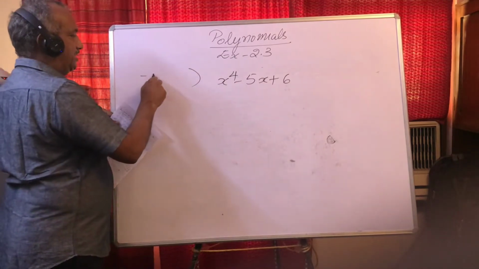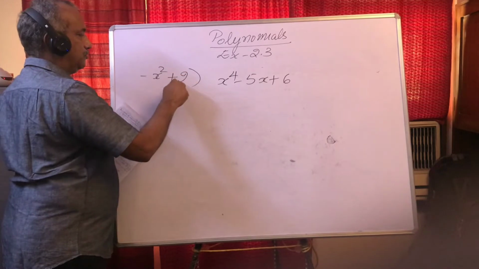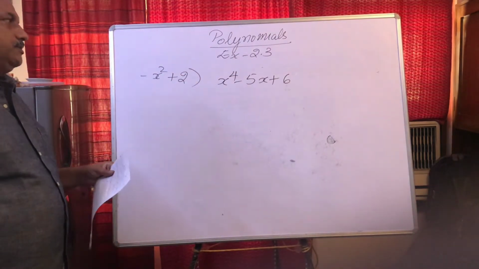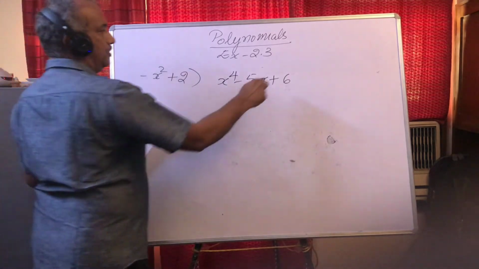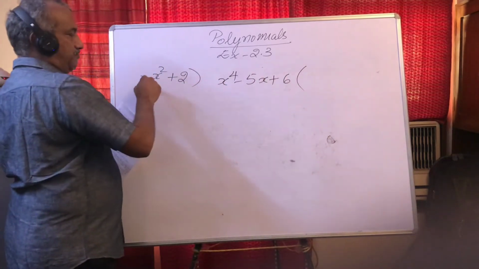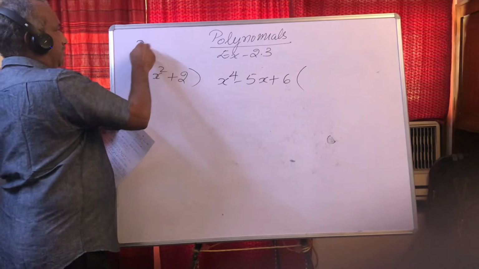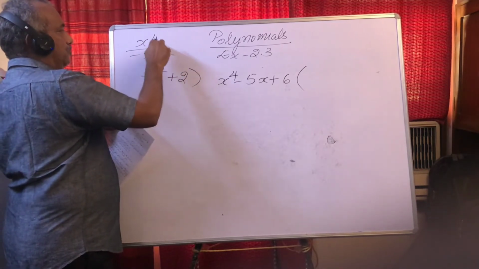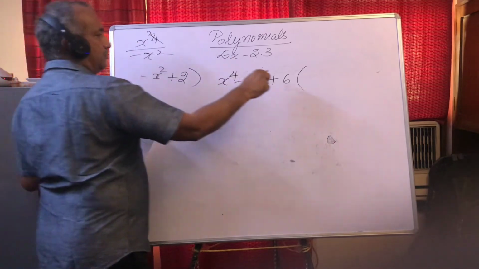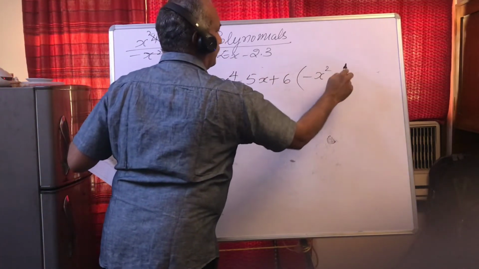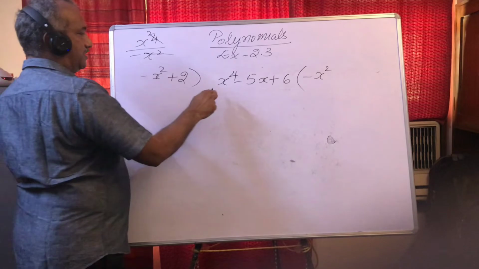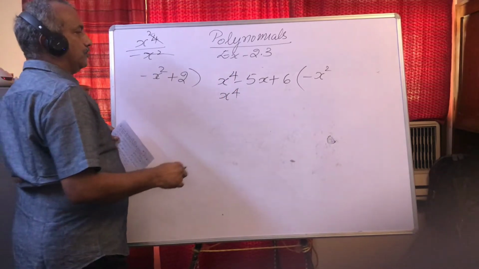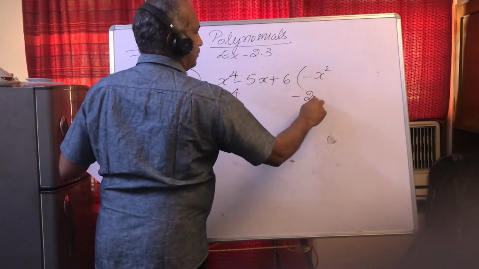So I am writing minus x square plus 2. It is written in the question 2 minus x square only. So minus x square plus 2. Then divide first term by first one. See, x raised to 4 upon minus x square. x 2 cancel, so minus sign also, so minus x square. Minus x square into minus x square, x raised to 4; minus x square into 2, minus 2x square.